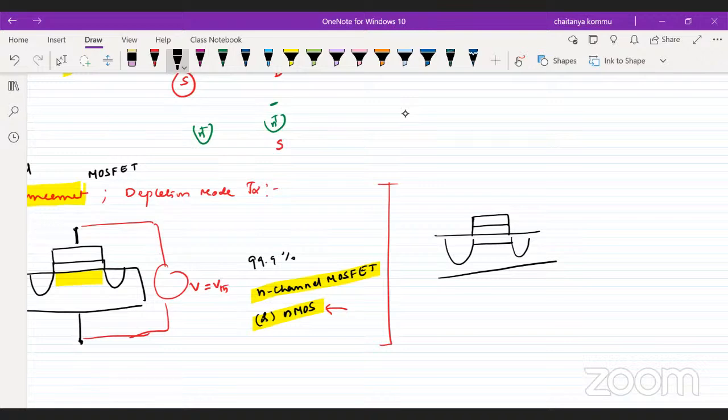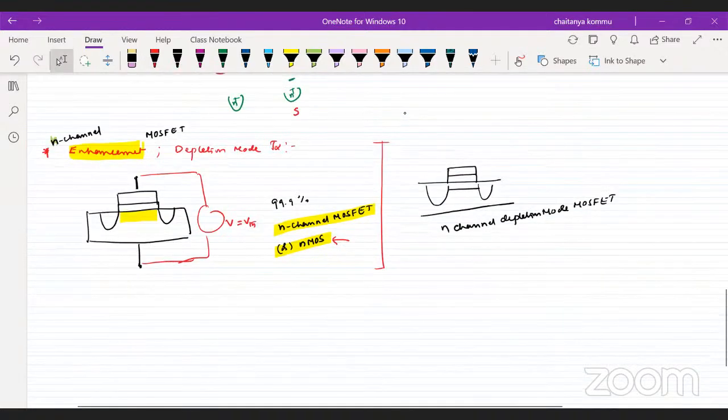So this type is called a depletion mode transistor. Of course, it is an N-channel only, therefore it is called an N-channel depletion mode MOSFET.